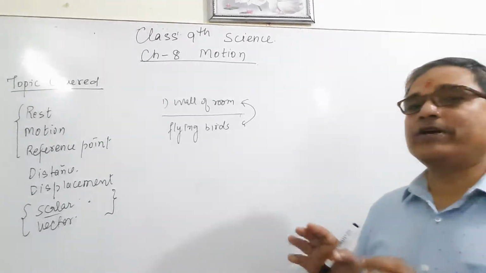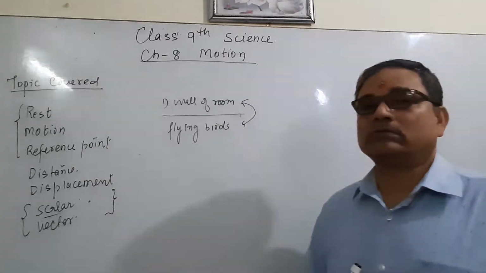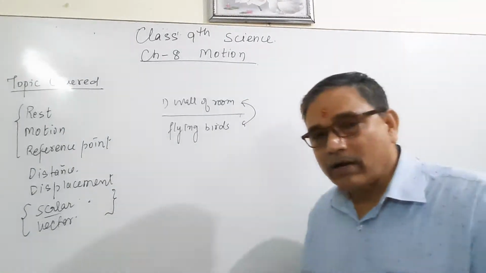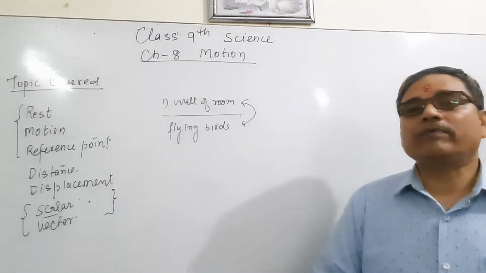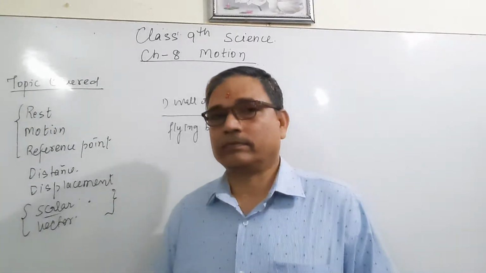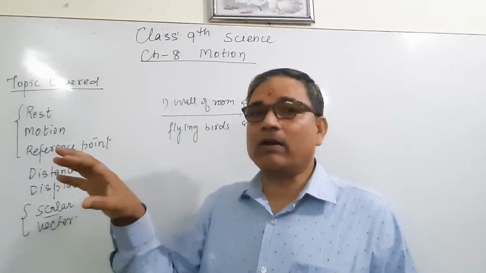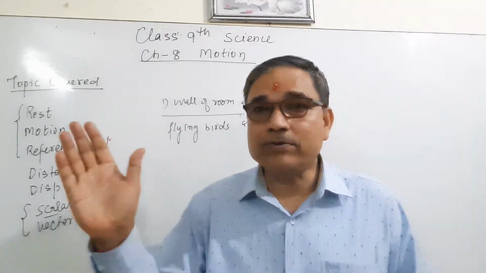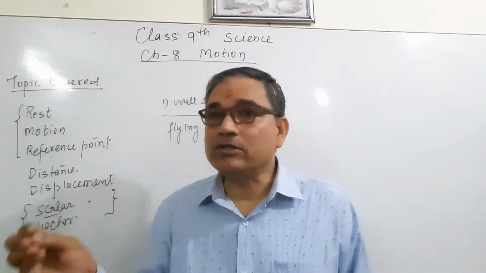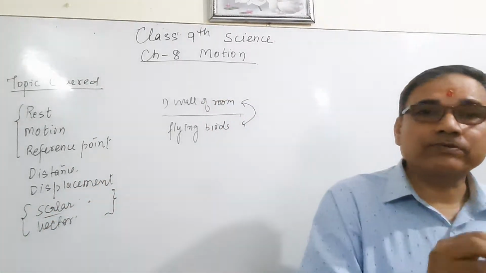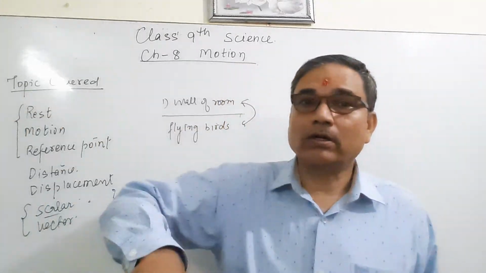When air is in motion, the movement of air will affect the movement of leaves. They are also in motion. Movement of dust, movement of leaves, only due to the movement of air. It means they are also in motion.